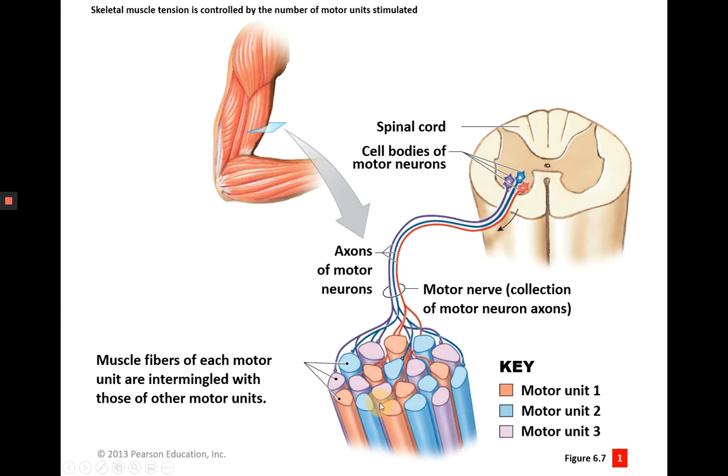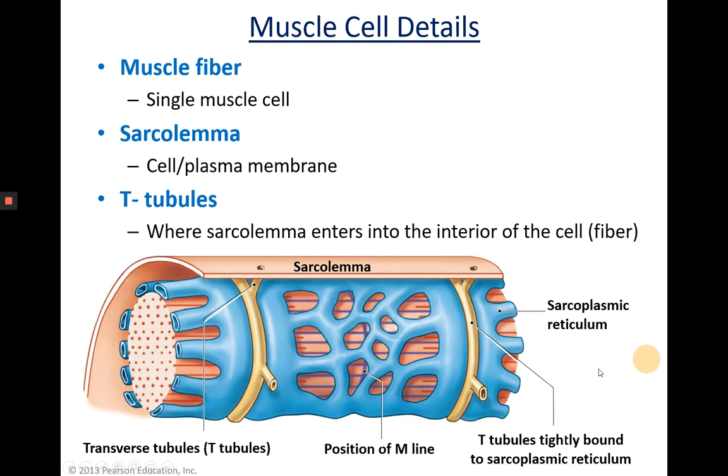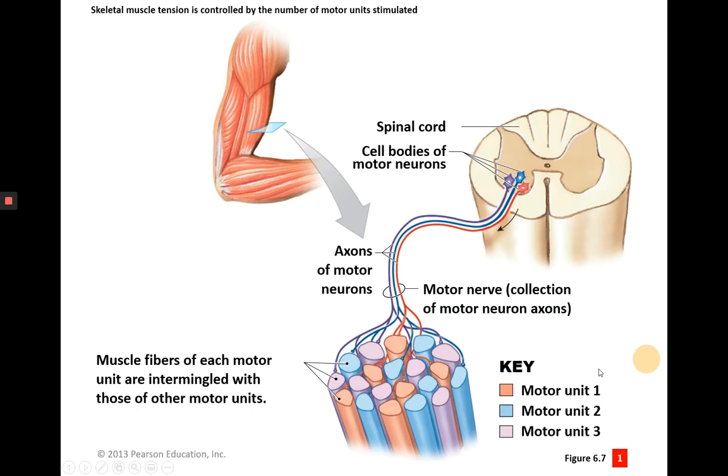And each of these muscle fibers is innervated by only one nerve ending. You can see one nerve ending here, one here, one here, etc. And remember, sorry to go back a second, that interaction between the two is what is called your motor unit. And so you have many motor units in one single muscle.